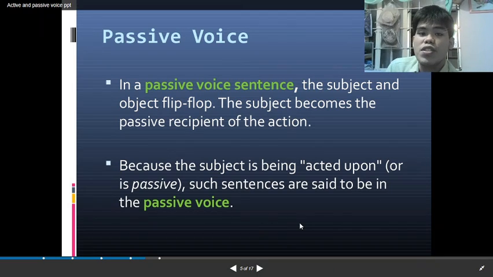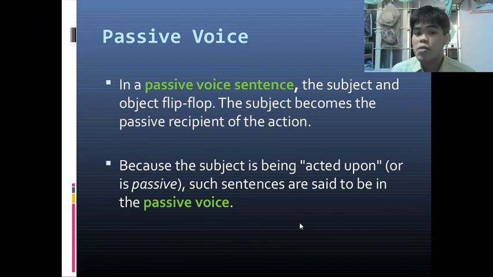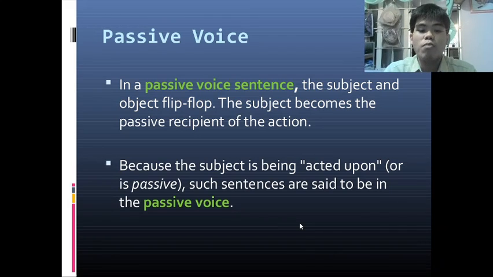Next, passive voice. So it is basically the opposite. So in a passive voice sentence, the subject and object flip-flop. So they change places. This time, the subject becomes the passive recipient of the action. So in a passive voice sentence, the subject is the receiver of the action.